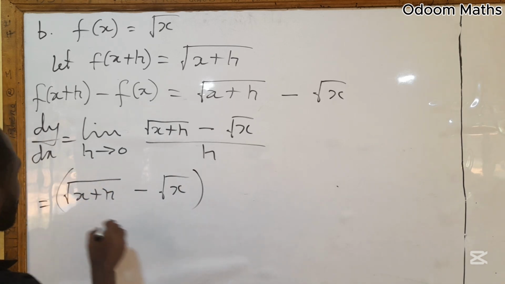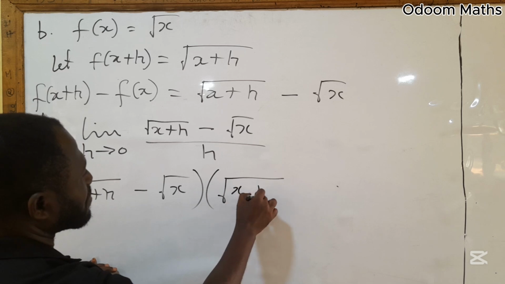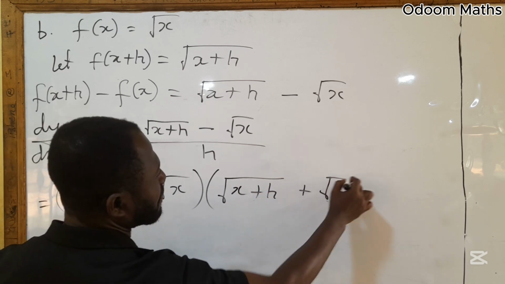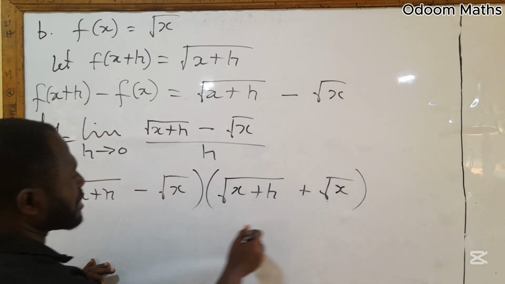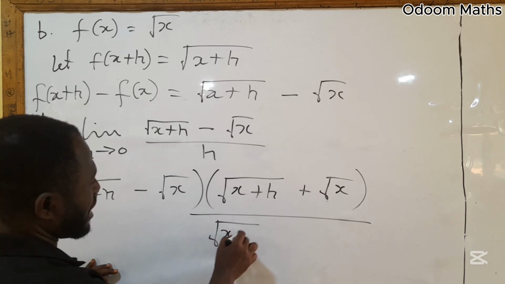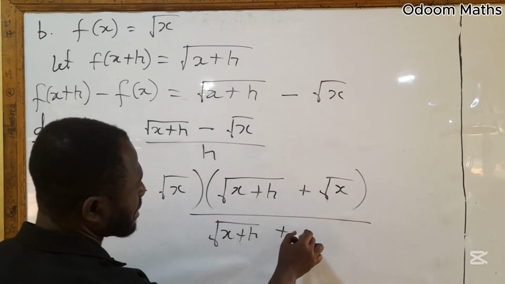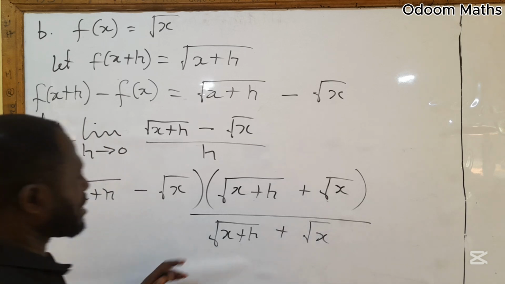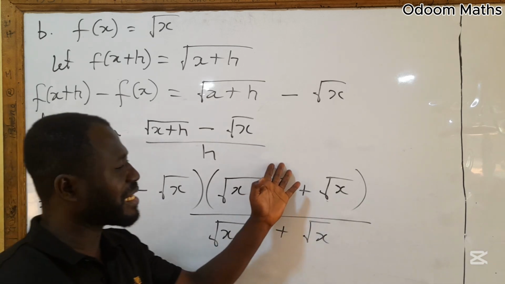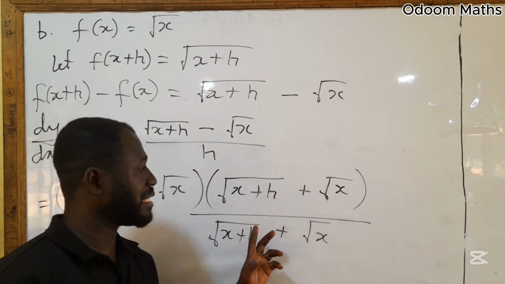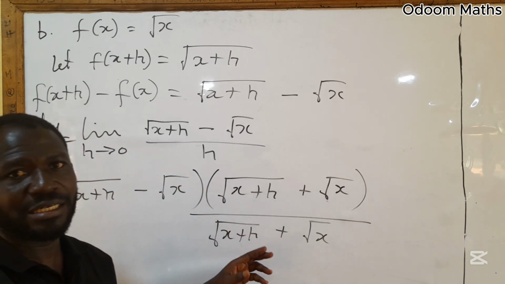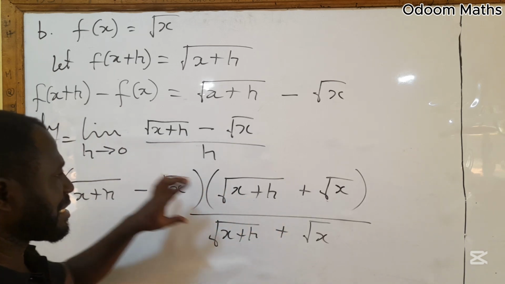I'm going to multiply this whole thing by root of (x + h) plus root x, over root of (x + h) plus root x. So this is the conjugate, and when you divide this and this, you get 1. That is why I said you multiply this by 1.